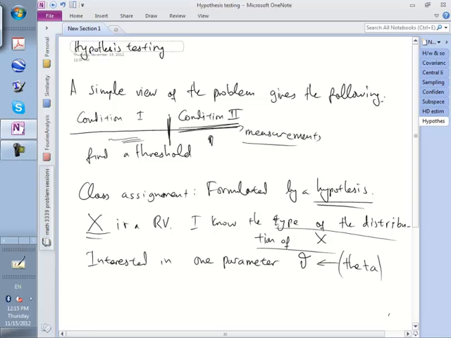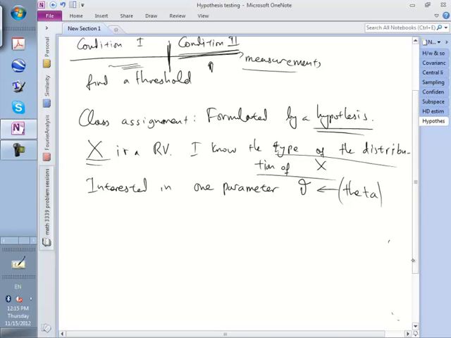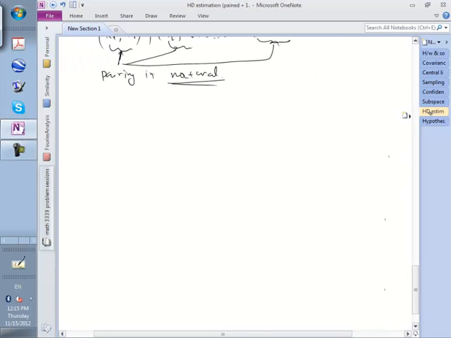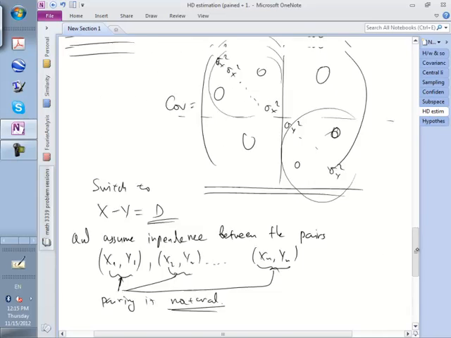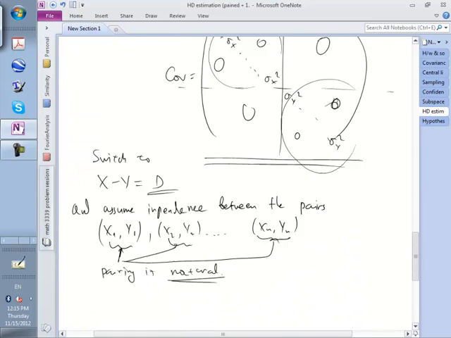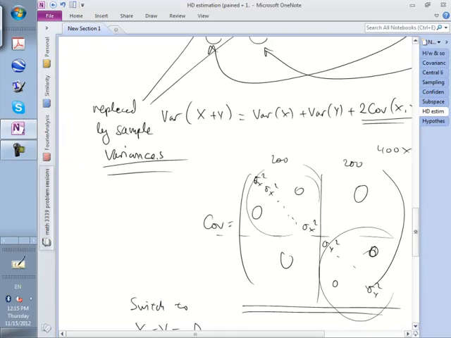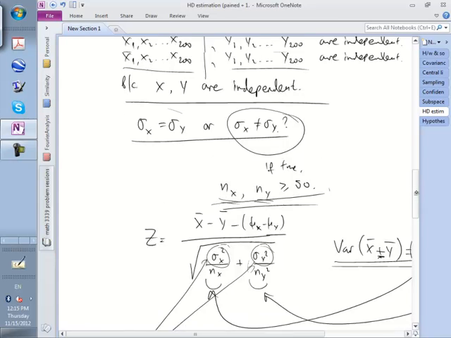Now, why did I say that here? Suddenly, when we're discussing this problem that we had before with the men and the women, I made this particular jump to hypothesis testing.